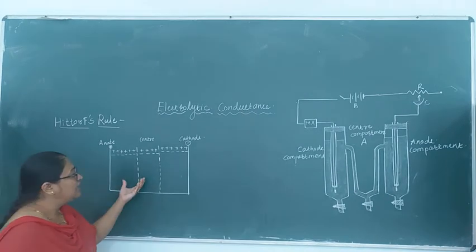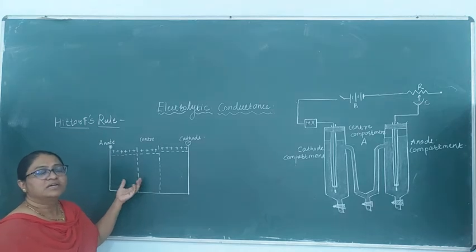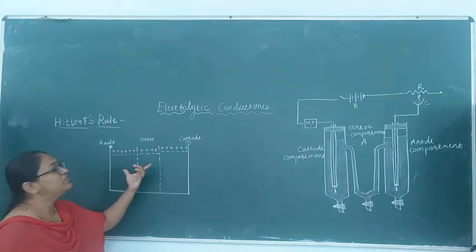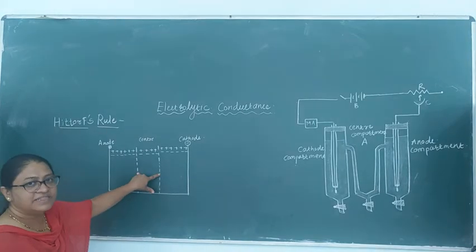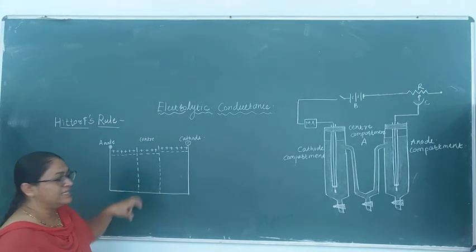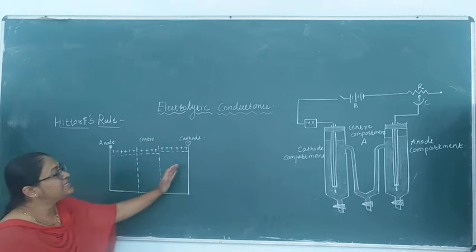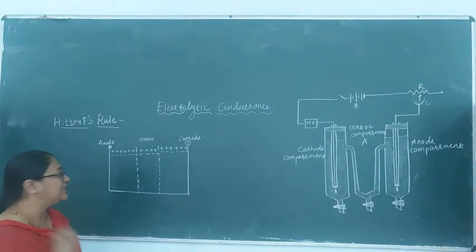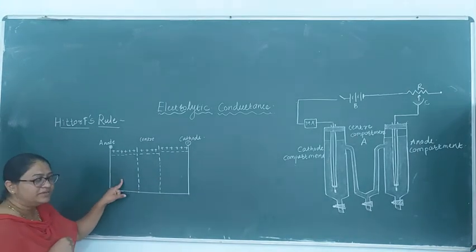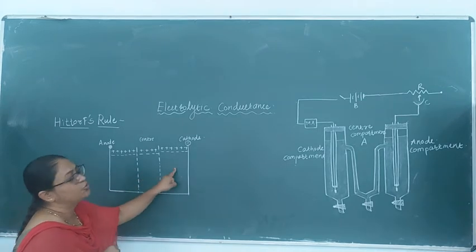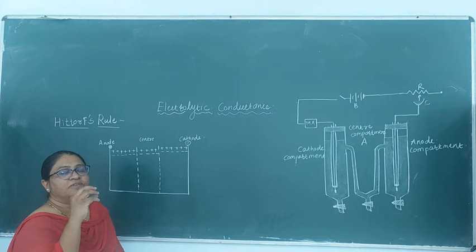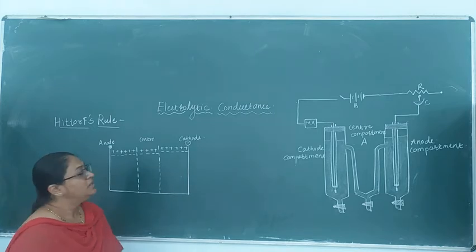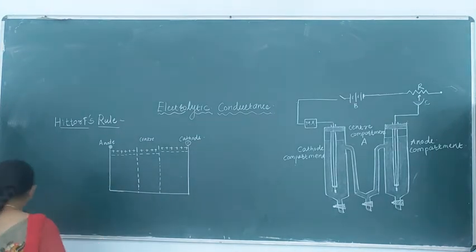Now this cell he considered to be divided into three compartments. He considered two imaginary planes in the cell. These are the two planes. The electrolytic cell is divided into three compartments: the anode compartment, the central compartment and the cathodic compartment. Now, to give the rule, Hittorf considered two cases.